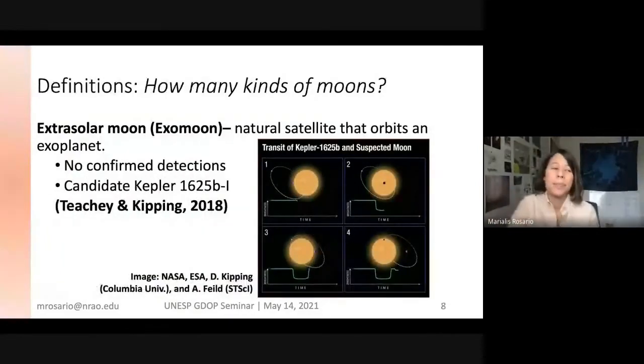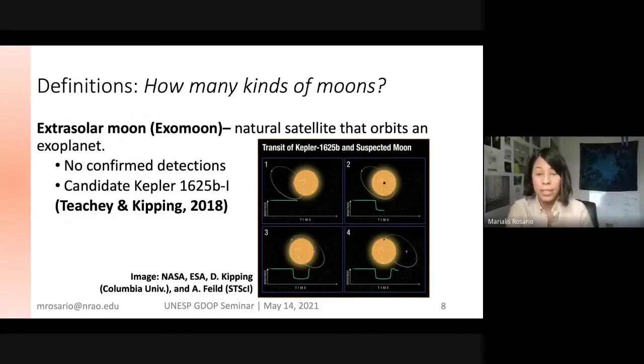Other proposed detection methods for exomoons, as I said, are derived from observational methods for exoplanets. And one really big one is transits.